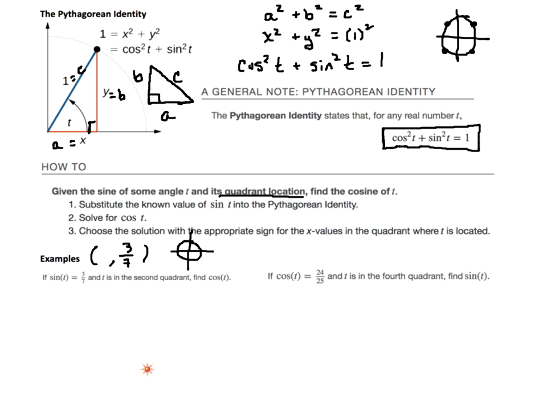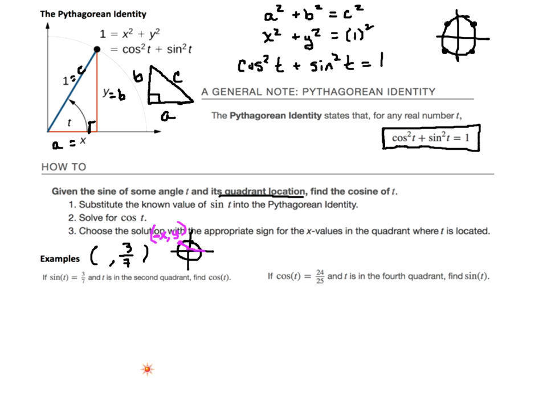So if this is my unit circle, I am talking about landing over here. Before I even get going, because I've landed on the unit circle in the second quadrant, I know my x coordinate is going to be negative and my y coordinate is going to be positive, solely for the quadrant that it lives in.